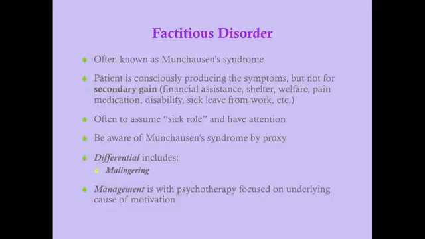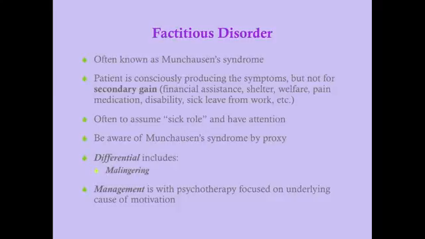What this is, is that you are feigning symptoms in the patient in order to get the attention of a parent of a sick child. So here's a good example. A parent brings the child in because of suspected urinary tract infection, and while the child is giving the urine specimen, the parent surreptitiously puts some blood into the urine.